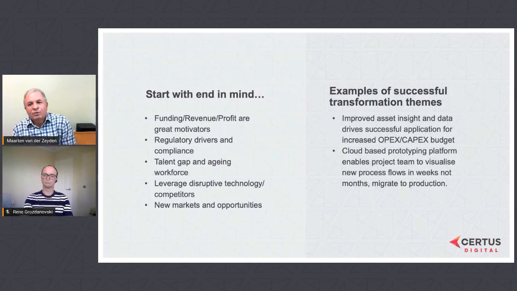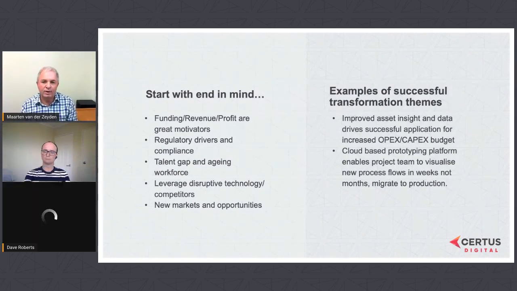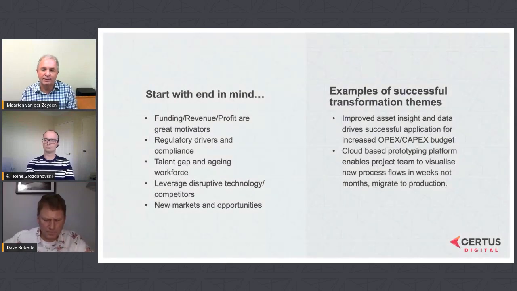There's a couple of examples that really stood out for us recently, and we have talked about them with customers, so we won't go into too much depth. But one in particular where they wanted to trial mobile and building information management and spatial management, and in the end, the way they got to do that was to focus on driving improved information behind their budget applications for OPEX and CAPEX.